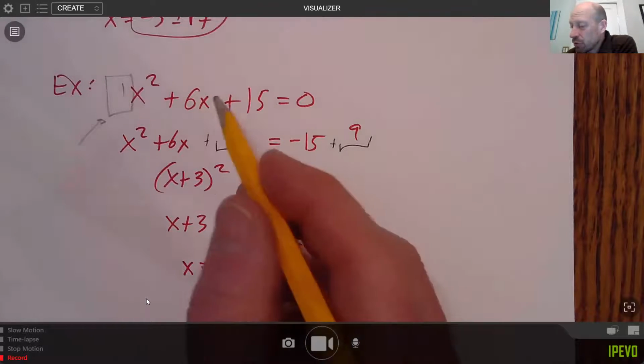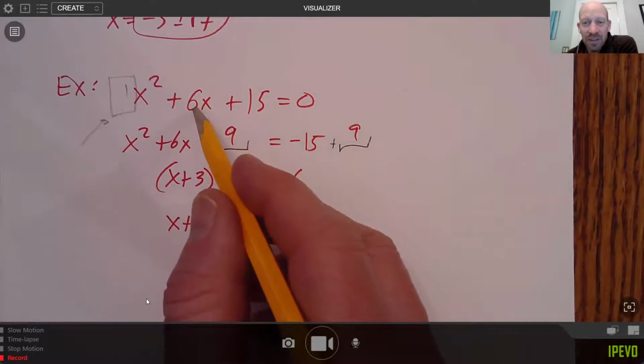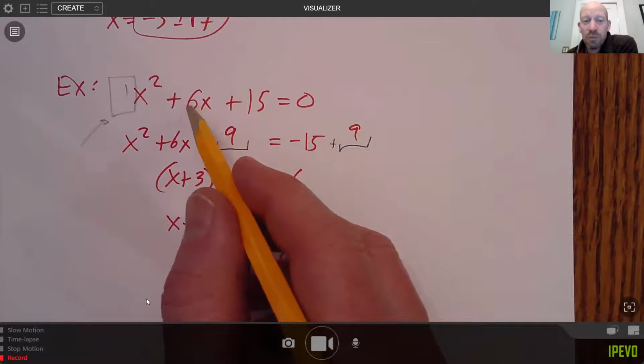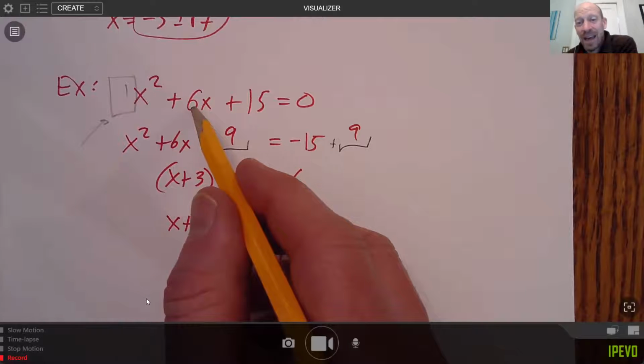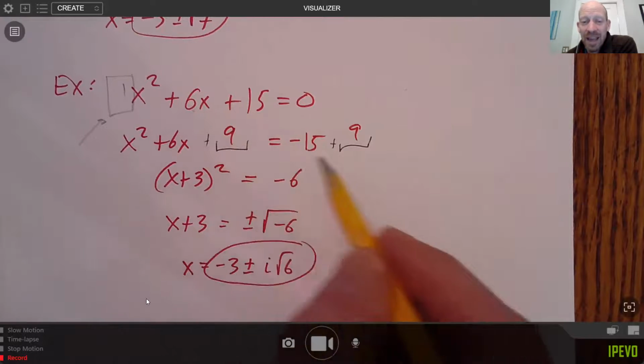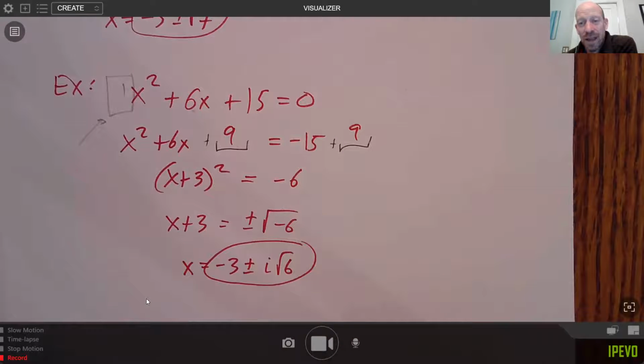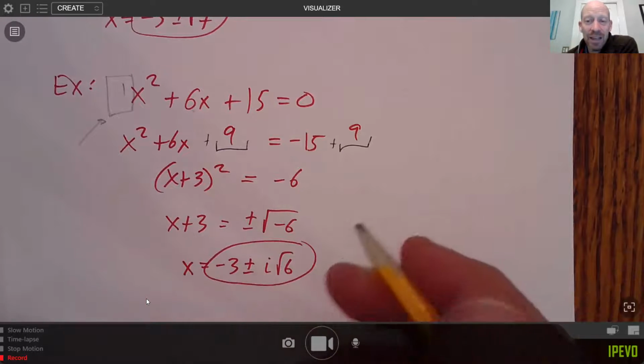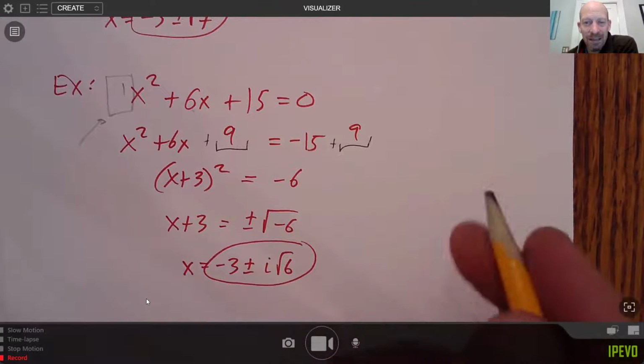And the other thing that made this easy is that when I divided 6 by 2, I just got 3. If this were 5x, then when I divide by 2, I get 5 halves, which gives me a fraction. It still works, but then I have to do a lot more operations with fractions. I'm not going to give you ones like that.